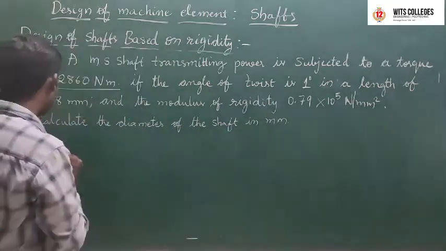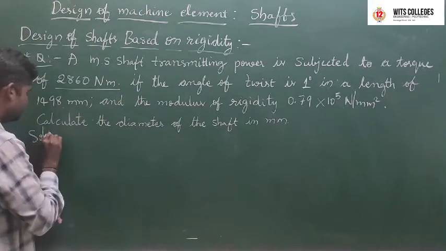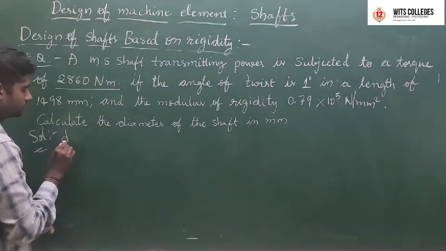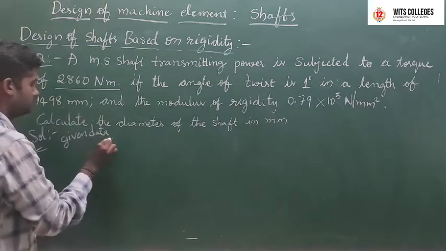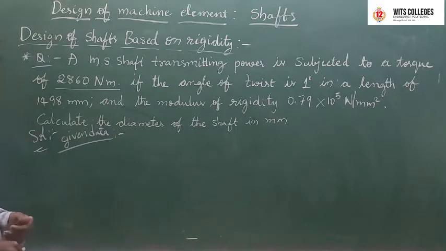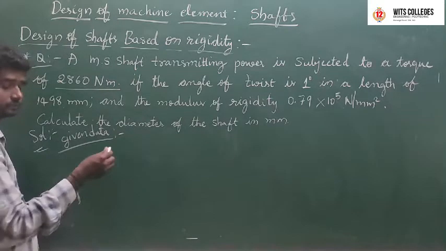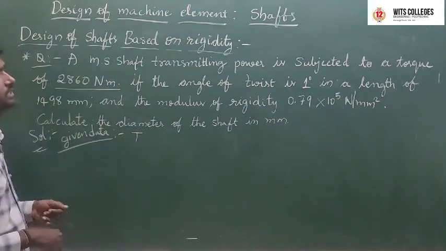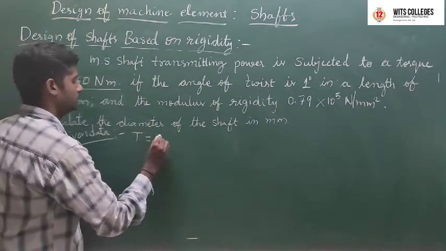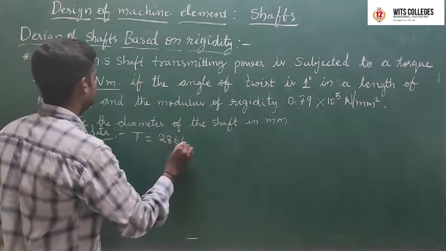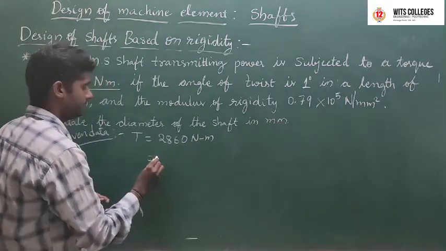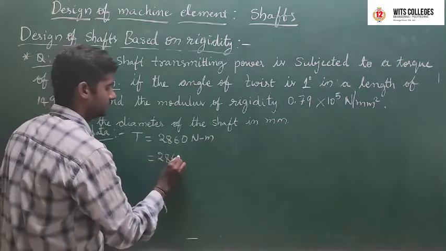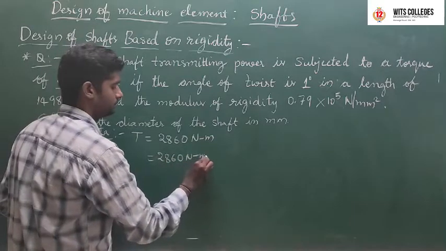First of all, write the given data. Torque is 2860 Newton meter, converted into Newton mm.